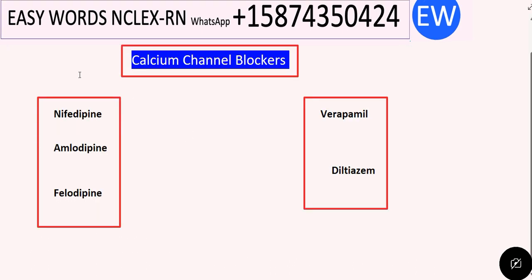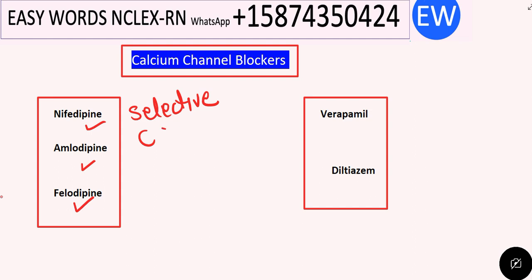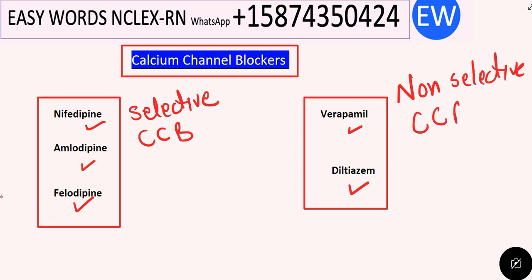Commonly used calcium channel blockers: nifedipine, amlodipine, and felodipine. These are the selective calcium channel blockers. Here we have verapamil and diltiazem. These are non-selective calcium channel blockers.